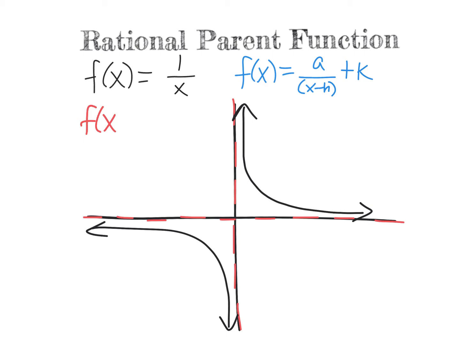F of x equals 1 over x minus 0 plus 0, which is why, if you look at this h and k, we have a horizontal and a vertical asymptote at the x-axis and the y-axis at zeros, right? Now, the h, and we'll talk about these in a little bit, the h will represent the horizontal shift. So if we're talking about a horizontal shift, we're talking about the vertical asymptote.